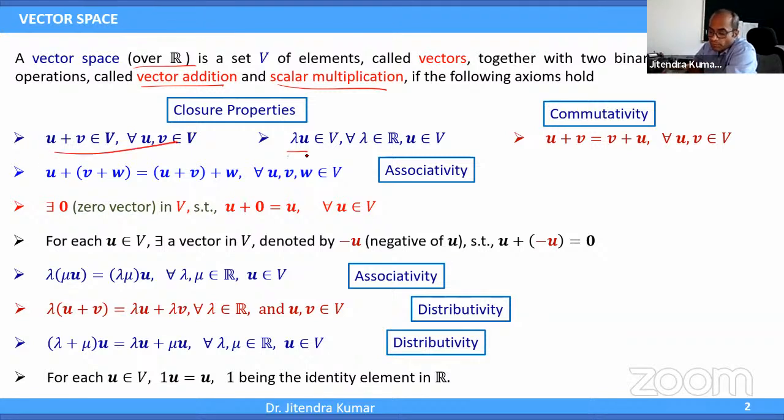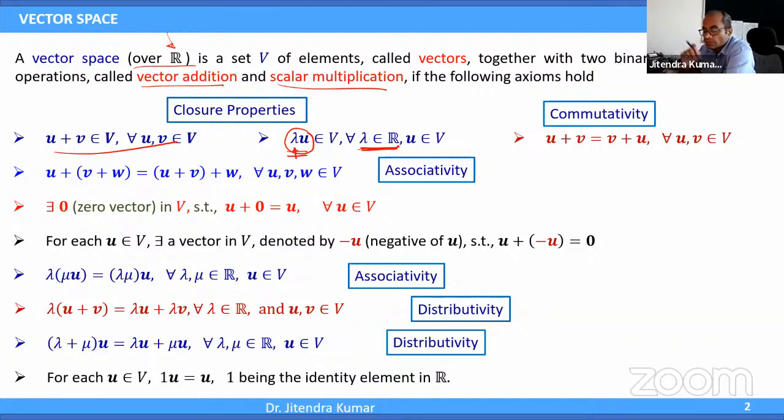The second important property: we have this lambda, which is called the scalar. It is a part of the set R. So lambda times u is scalar multiplication. We are multiplying u by the scalar lambda.